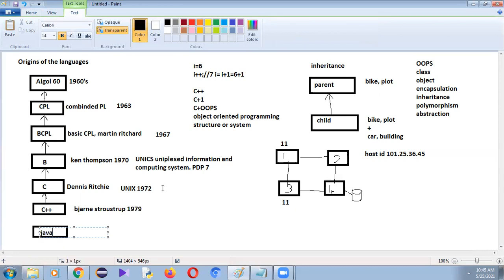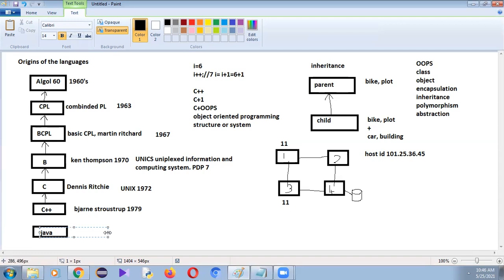Java contains most of the features of C++, but it doesn't contain a few of the features such as pointers, friend functions, virtual functions, pure virtual functions, structures, etc. Already in inheritance, I said that if the parent gives all his assets to the child, then only we can say that the child is inherited from the parent. Here also it is the same thing. Java doesn't contain a few of the features of C++. That's why we cannot say that Java is inherited from C++.